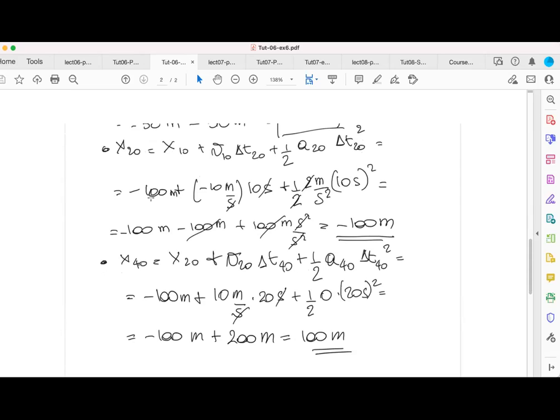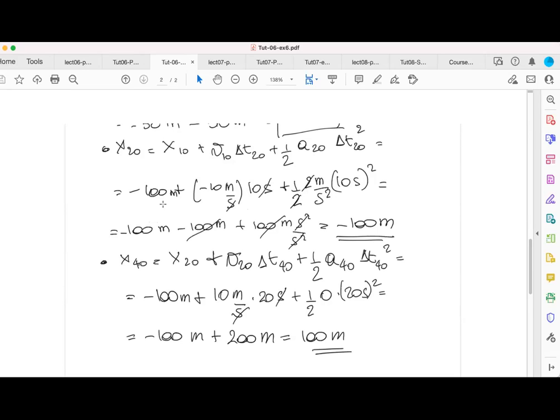So here we have minus 100 meters plus the velocity in that position, we know that is negative, minus 10 meters per second. The time, delta t, we know that is 10 seconds in that interval of time, plus 1/2. Here, the acceleration was positive, 2 meters per second square, multiplied by 10 seconds to the square.